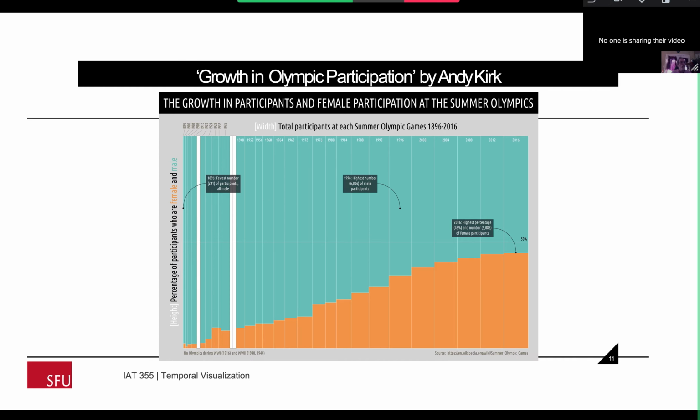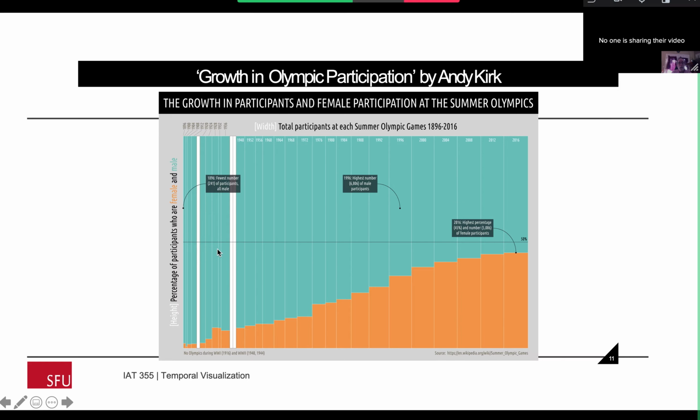Here we're doing something a little bit different. We're plotting quantitative values both in X and in Y. The horizontal dimension is sequence according to year, and this is a plot of Olympic Games and participants. The number of participants is essentially the entire area of each individual vertical slice here.